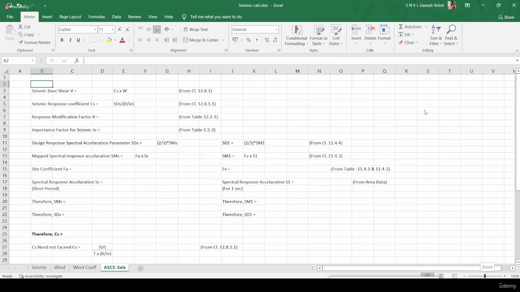If you see ASCE, it has some design manuals on PEB. Suppose let us take Design Guide 25. For example, I am telling you Design Guide 25. If you go through the internet, you'll get to know what Design Guide 25 is.